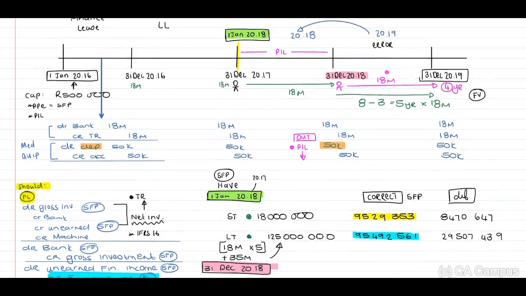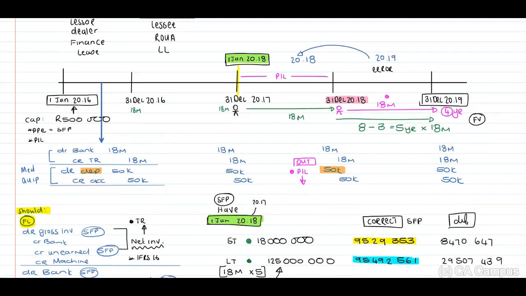Let's move on to our effect on our statement of financial position. Okay, so guys, first, you will remember that they have indicated to us, when you look at the left side of your screen, that they've capitalized this 500,000, which should have been expensed. Okay, therefore, if we are now standing at the end of 20.17, we still have 400,000 of this in our PPE, which is incorrect.